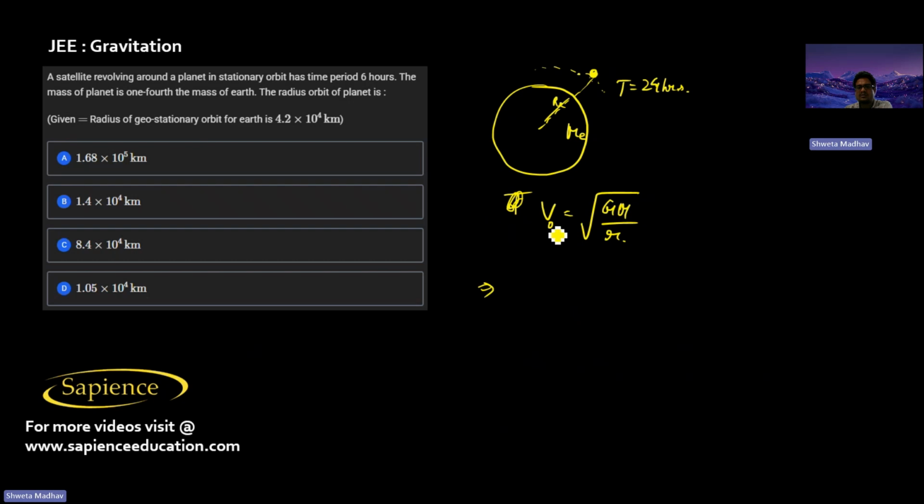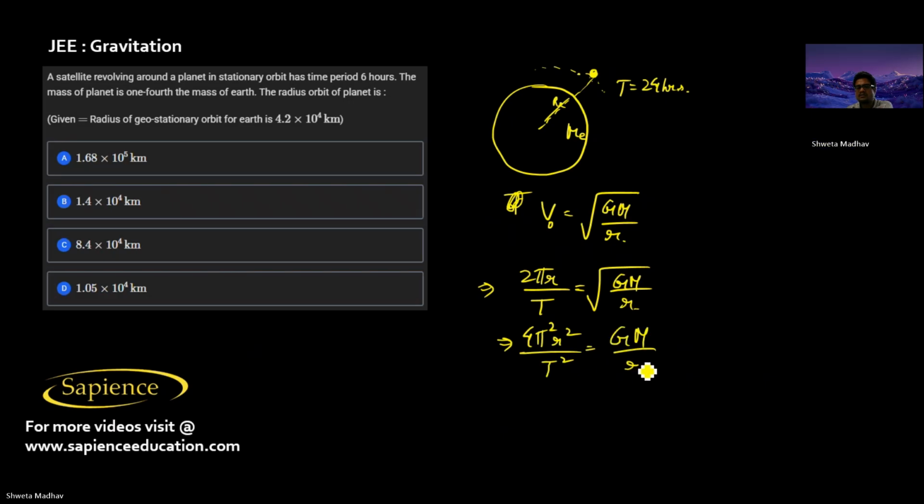Therefore, 2 pi r by T is equal to root G M by r. If we square that, then we get 4 pi square r square by T square equal to G M by r.